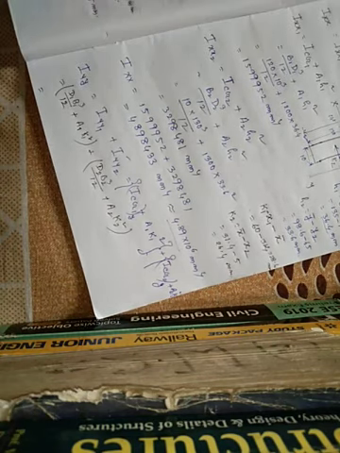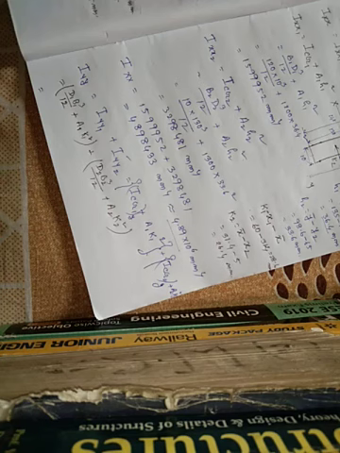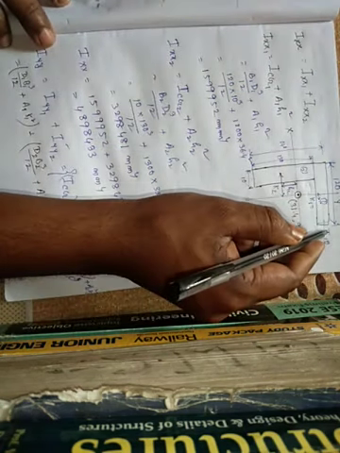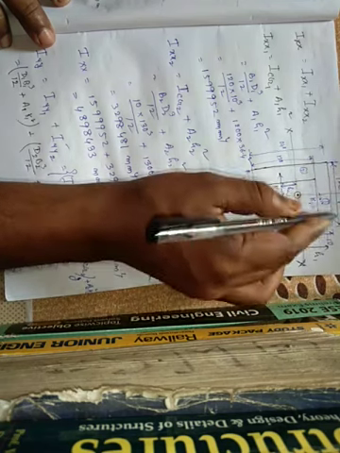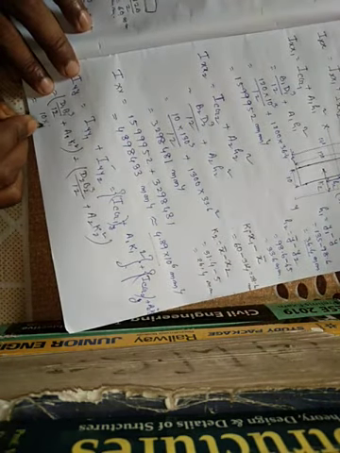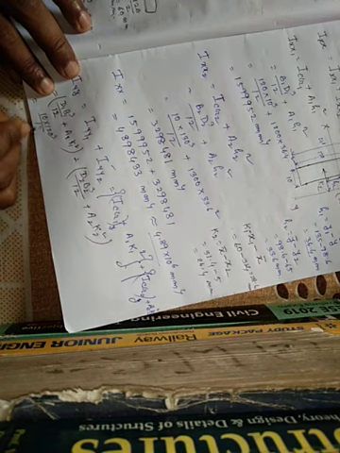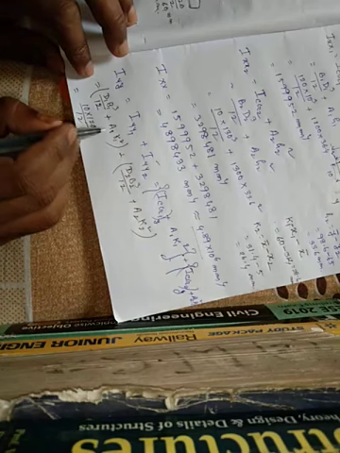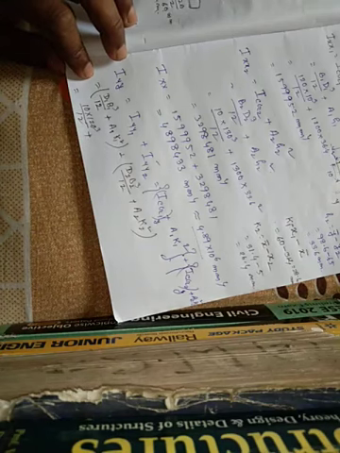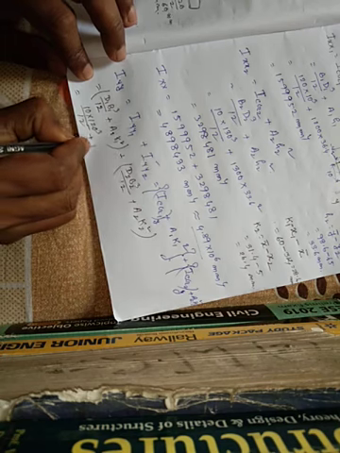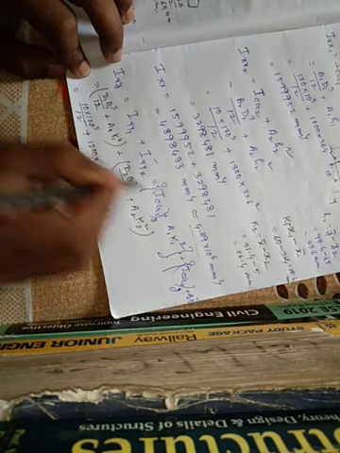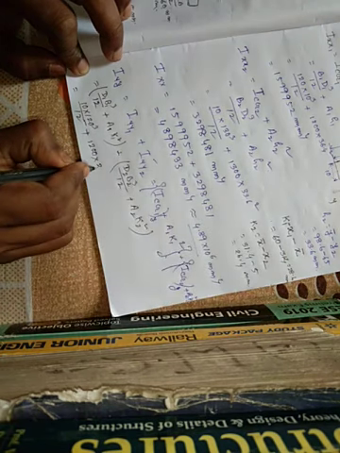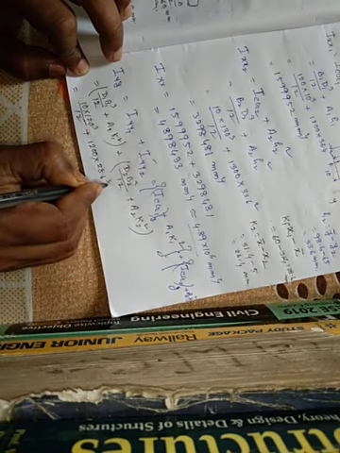Put all the values in this equation. d1 equals to 10 and b1 equals to 120. 10 into 120 cube divided by 12 plus area of the section 1 is equals to 1200 into k1 equals to 28.6 square.